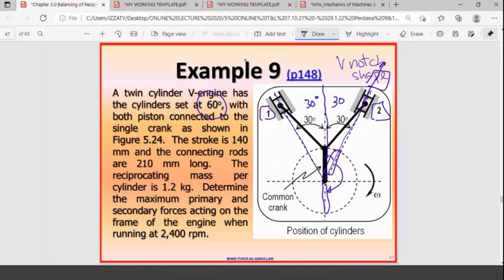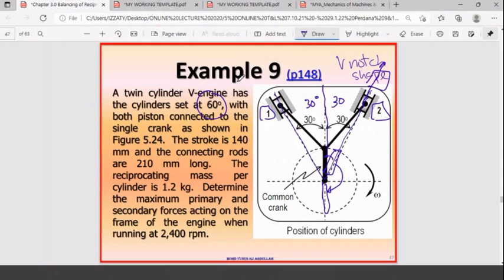Any crank that is not located vertically, push it to vertical, then you do the balancing, even in radial or in V. The other arrangement, procedure or solution is exactly the same as what we did earlier in radial. The equation is the same, the procedure is the same, even the crank diagrams are also the same.